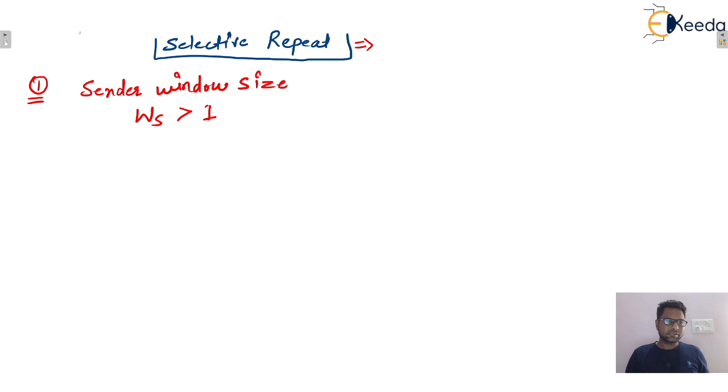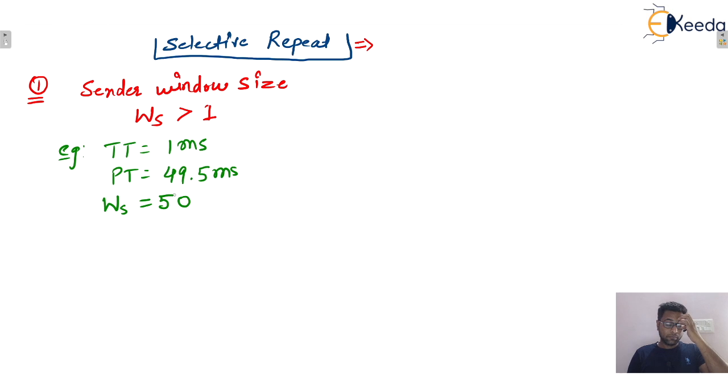Let us consider one example. Let's say transmission time is 1 millisecond, propagation time is 49.5 milliseconds, and the sender's window is 50. Remember, in the question TT and PT will not be given directly.